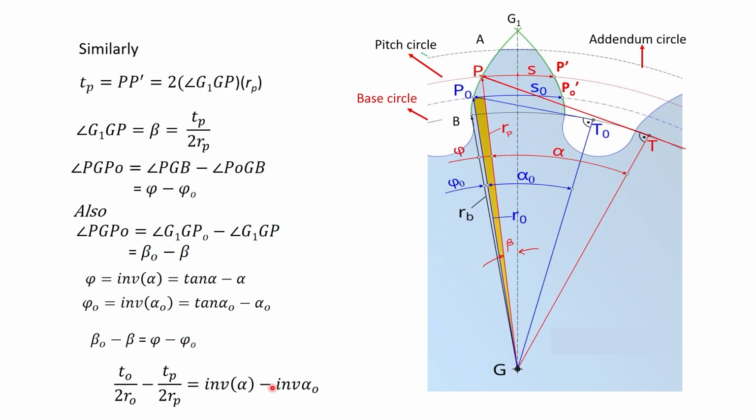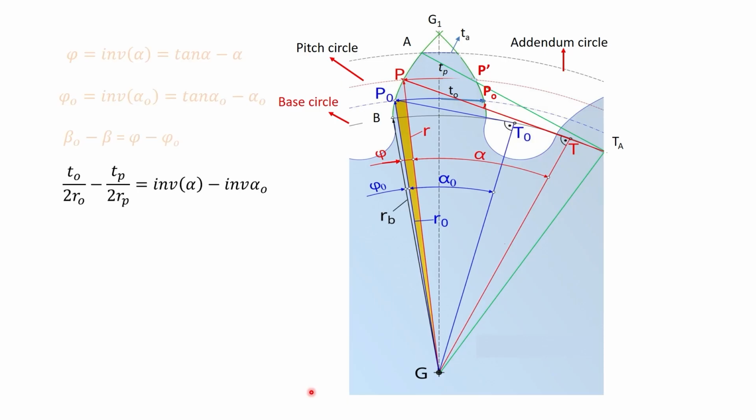And so, we can write T0, the thickness of the gear tooth at a radial distance of r0, divided by 2 R0, minus Tp, the thickness of gear tooth along the pitch circle divided by 2 Rp, the pitch circle radius, is equal to involute of the alpha minus involute of the alpha 0.